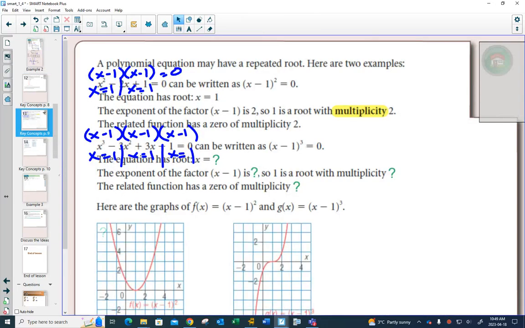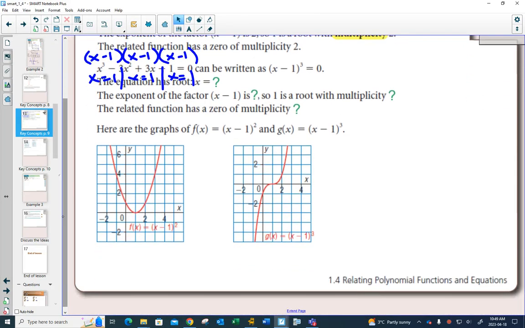And when they happen more than once, we have the following things happen. So with an even multiplicity, like in a parabola, it just so happens that the vertex is right on the x-axis. And with the x minus 1 cubed, with the odd one, that's like a regular x cubed graph. This is what happens at those x-intercepts.